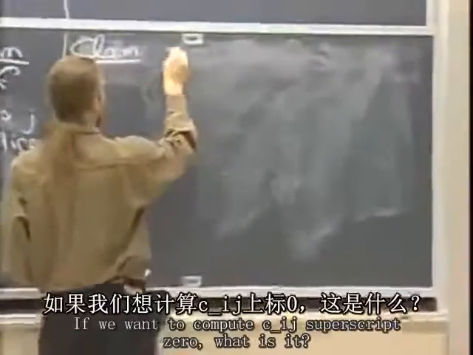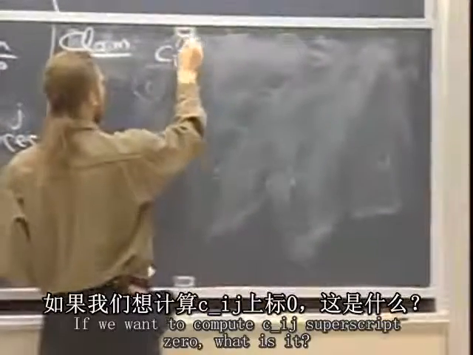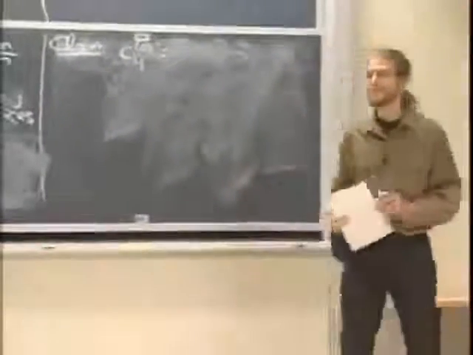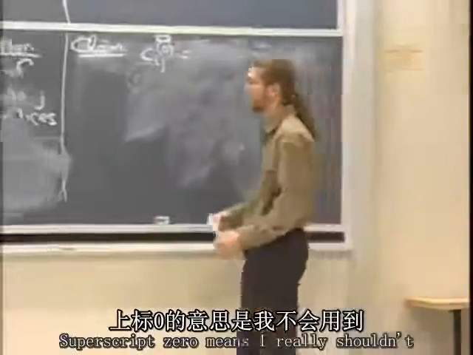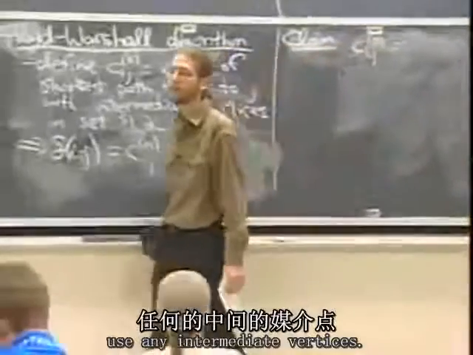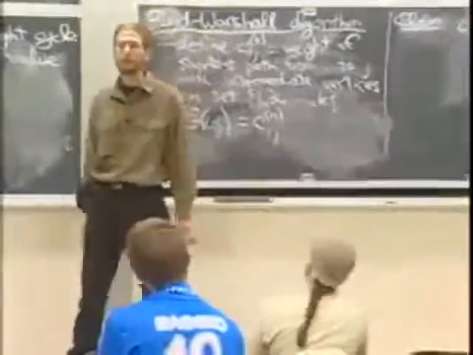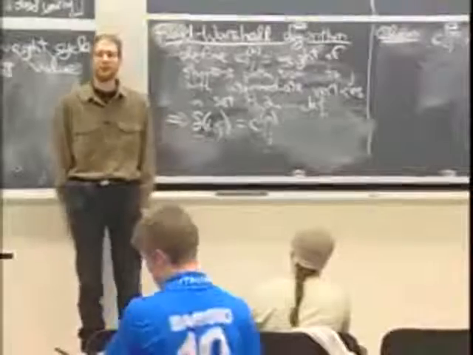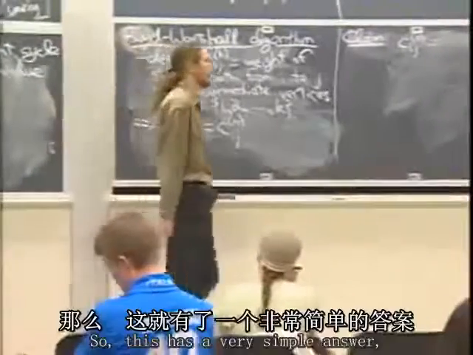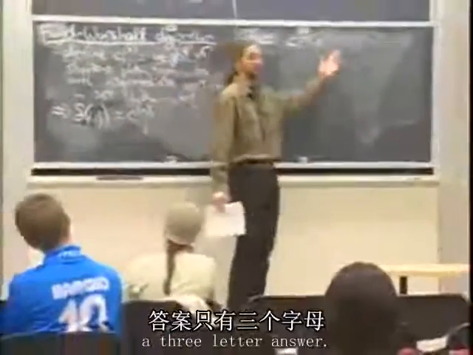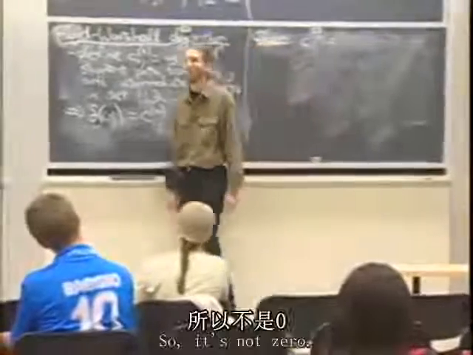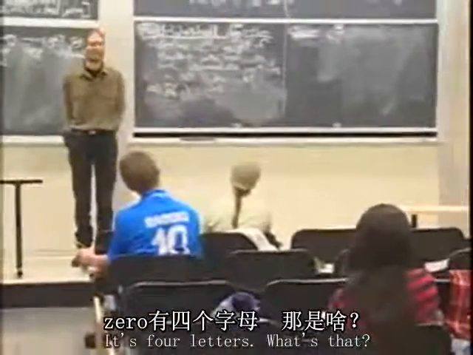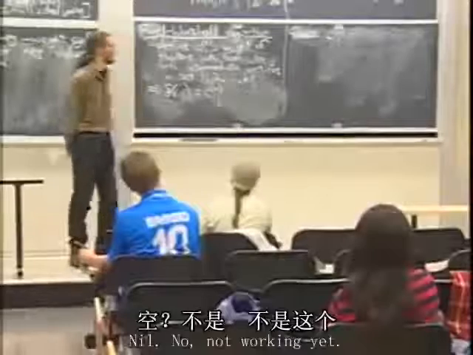If we want to compute Cij superscript 0, what is it? Superscript 0 means I really shouldn't use any intermediate vertices. So this has a very simple answer, a 3-letter answer. So it's not 0. It's 4 letters. What's that? No. Nil.